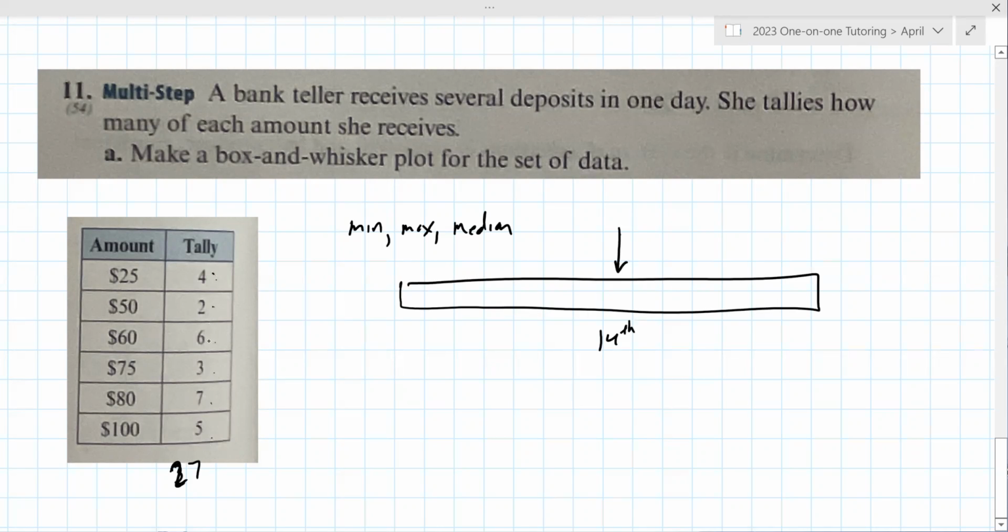That gets you to the 12th. So the 14th number is 75 because you go past the first 4, next 2, next 6. That gets you to 12, and then the 13th and 14th are here at 75. So your median is 75.